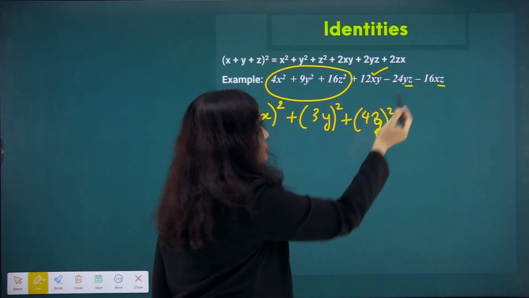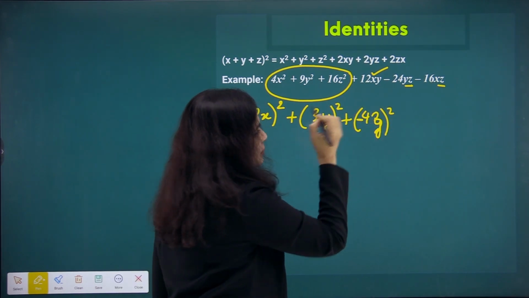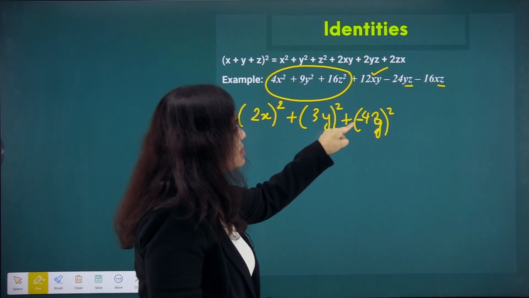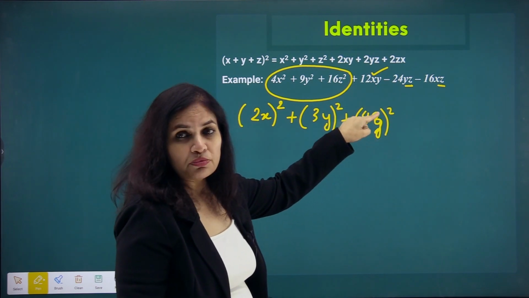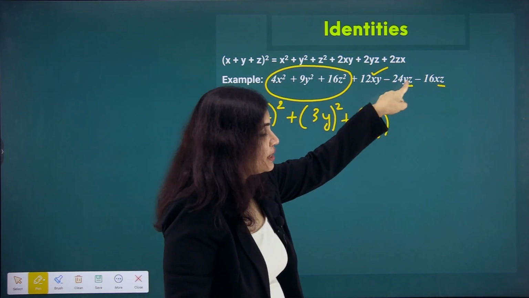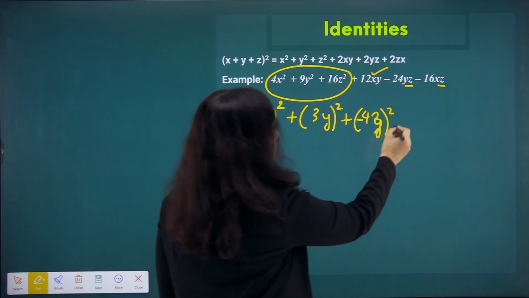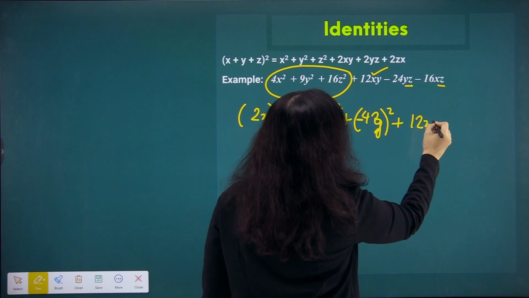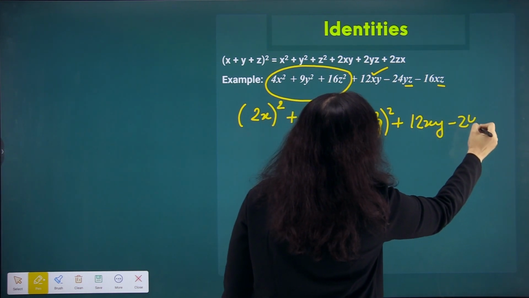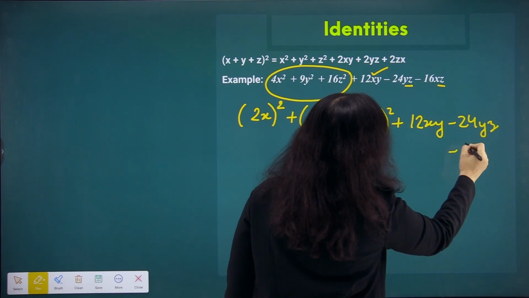So, the common term is z, so we'll take the minus with z. The minus sign will be associated with z only, because that is making both these terms negative. I write down the remaining as it is, because they have already satisfied the identity.